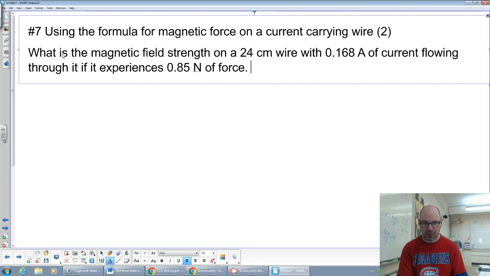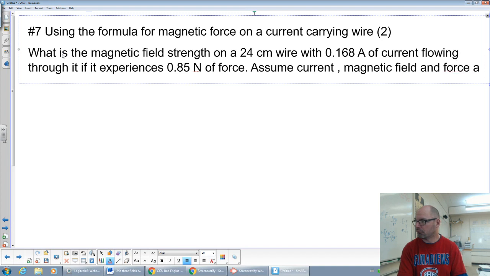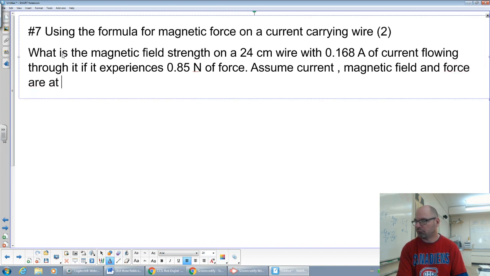Then we'll say assume the current, magnetic field and force are at right angles. Okay, so that means that theta is 90 degrees in that formula.